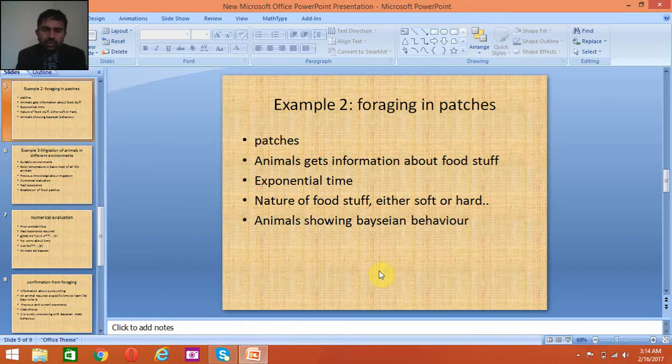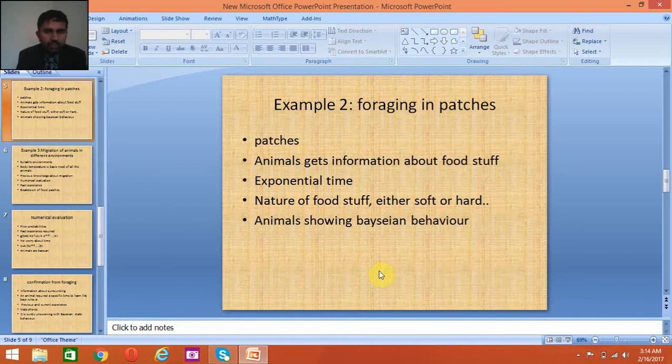All the animals doing this job for a long time know the nature of food, either soft or hard, depending upon their past experience. For this purpose, they need to learn from their environment.